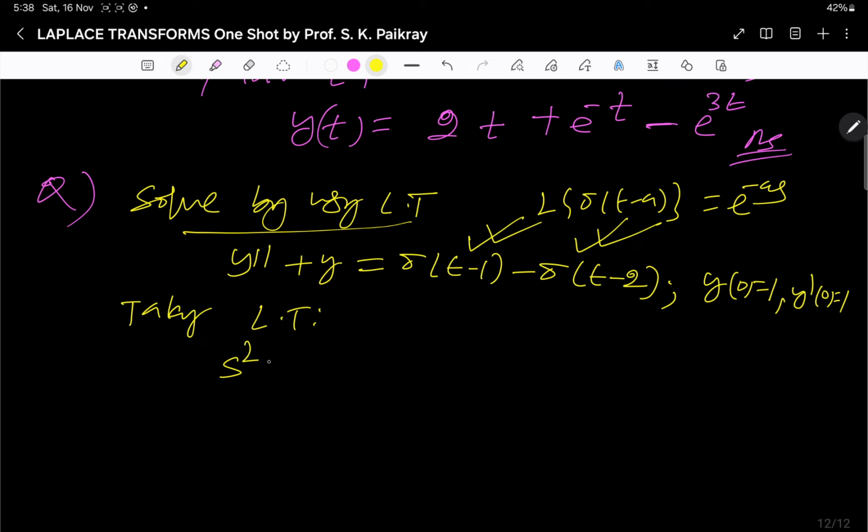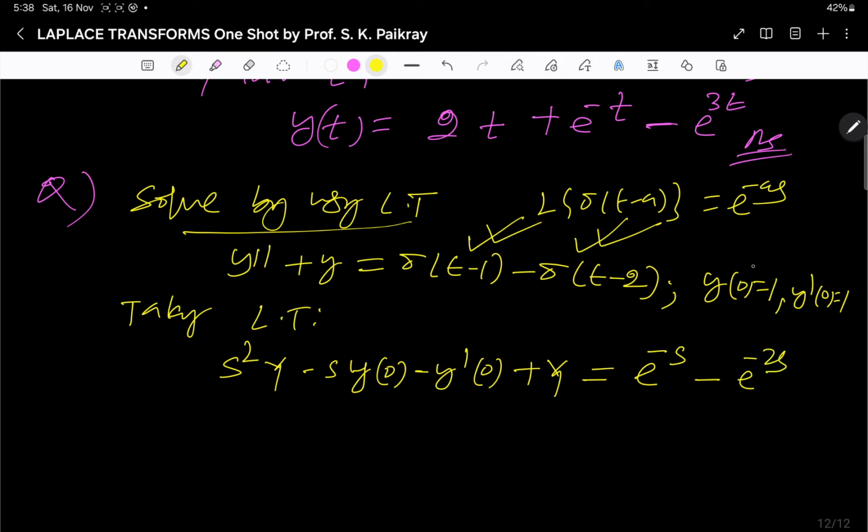what we are getting, s square y minus sy0 minus y dash 0 plus here it is e to the power minus s minus e to the power minus 2s. So substitute the condition here. This is 1 and this is 1 also.